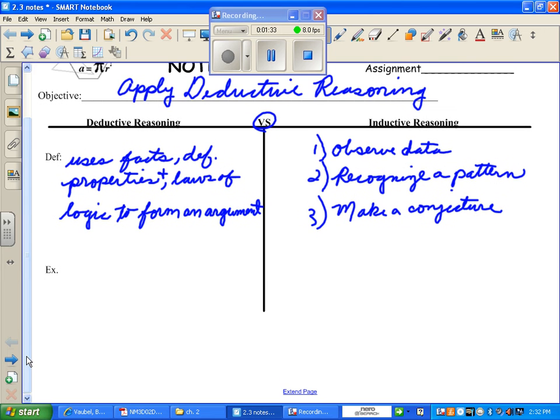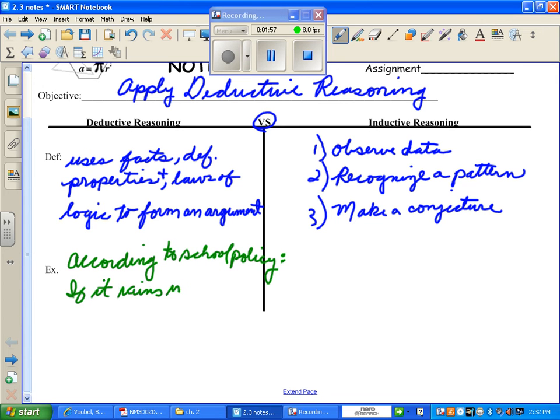An example of deductive reasoning would be, according to school policy, if it rains in the morning, I'll put in the AM, comma, then the baseball games are canceled.